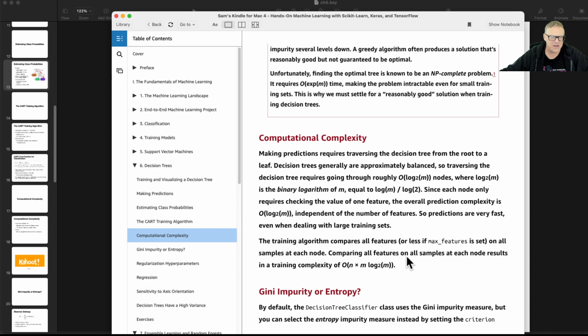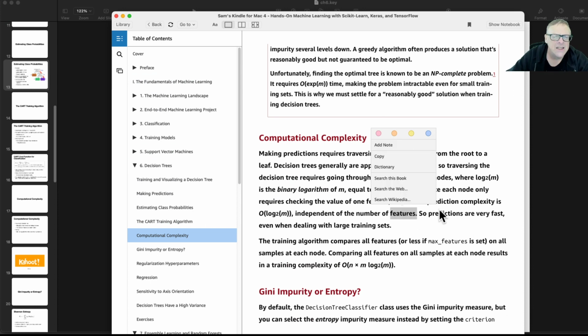Computational complexity. M independent of the number of features. M is the number of features is another number we haven't talked about here. We need to find out what M and N are.